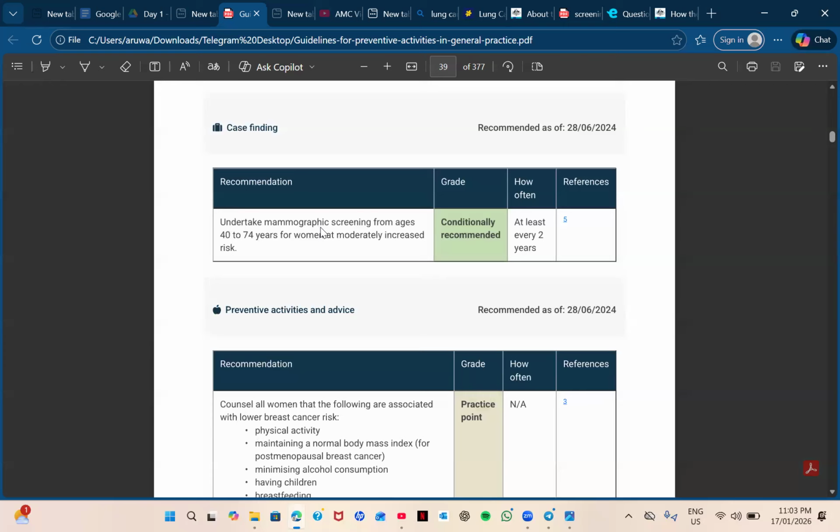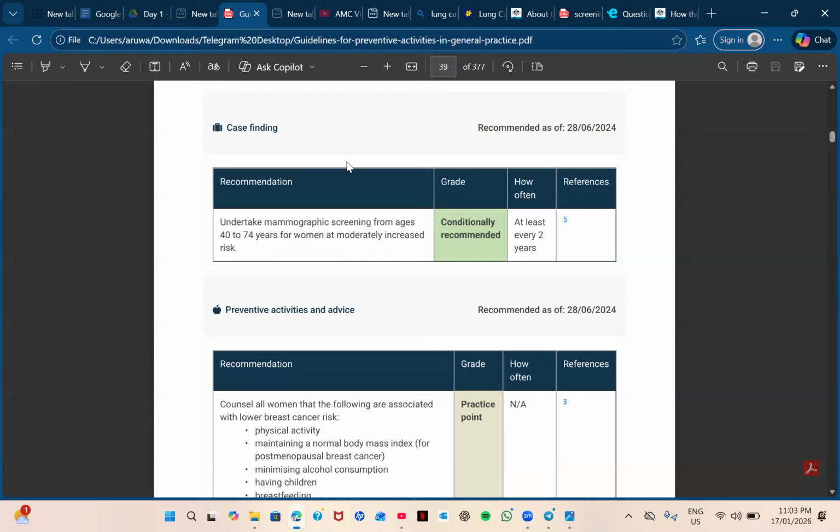Undertake mammographic screening from age 40. You have to remember, okay? Age 40 to 74 years for women with moderately increased risk. So for the moderate one, we have to start from 40.